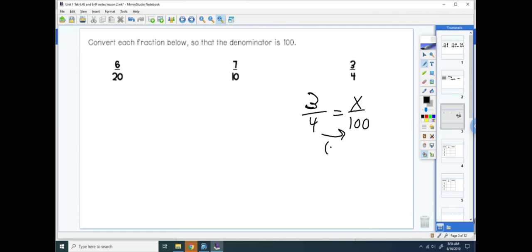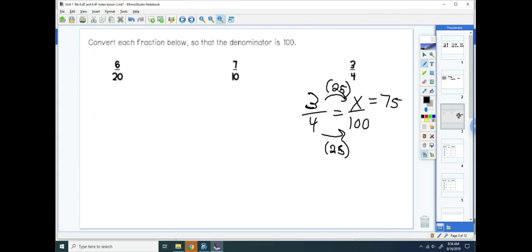So 4 times 25 equals 100. So if I multiply the bottom by 25, I have to multiply the top, or the numerator, by 25. So 3 times 25 is 75. The same answer we just got. And that is how you use a proportion.